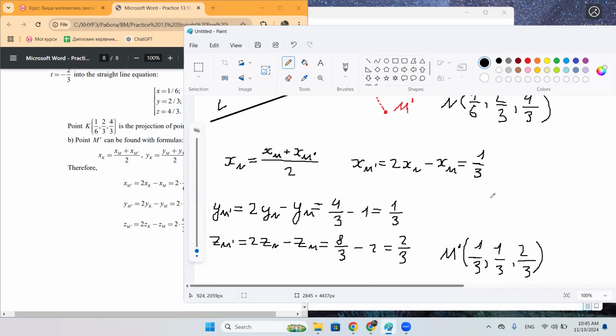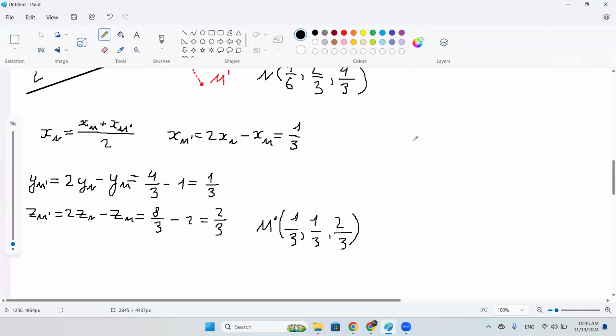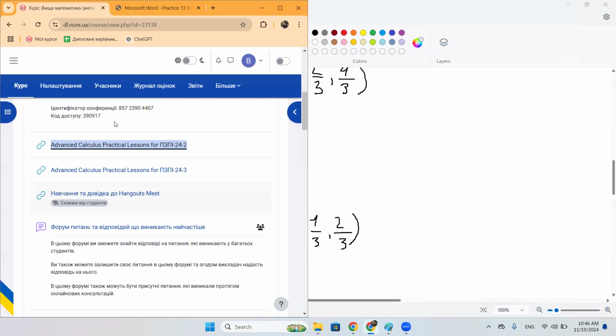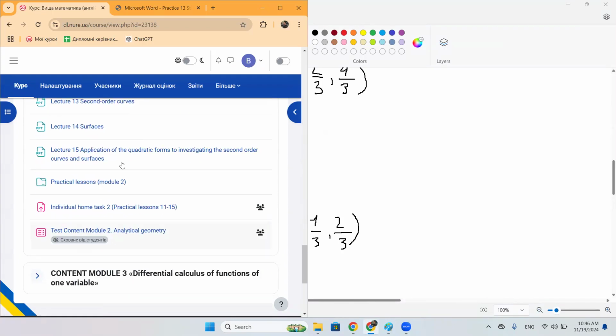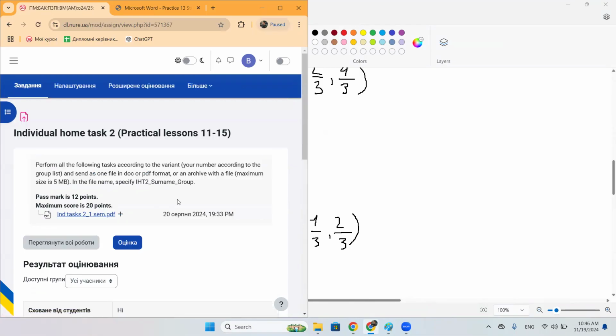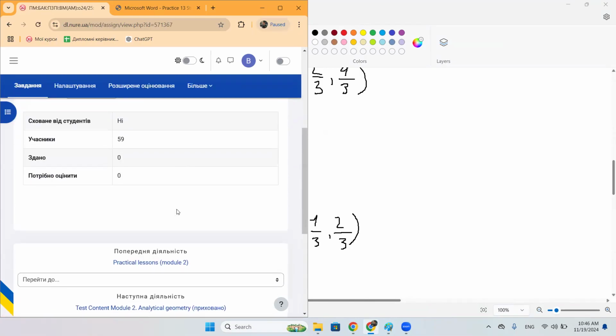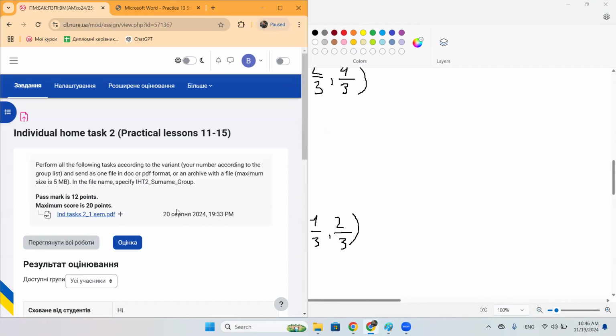Any questions, comments about this task, previous tasks, previous lessons, other questions? I have a question. We have already been given IDZ number 2, and by when do we need to submit it? So is there a deadline on DL? No. Okay, I will ask Svetlana Mykolaievna about this.